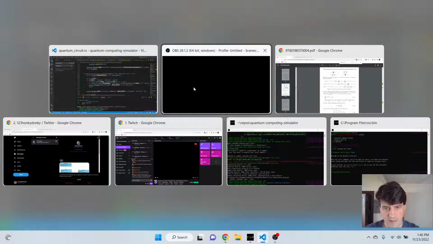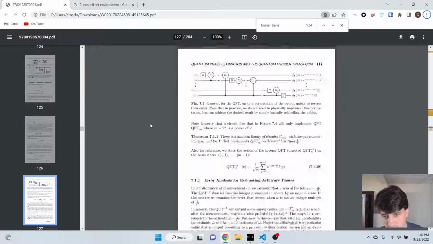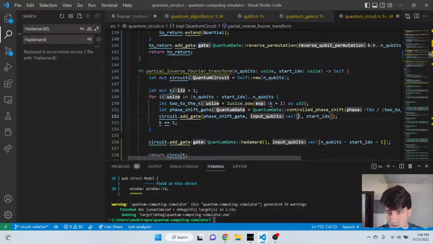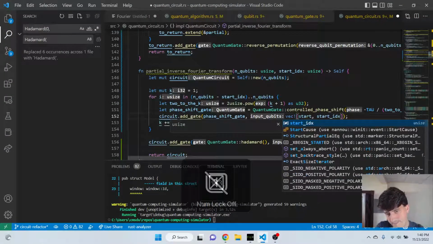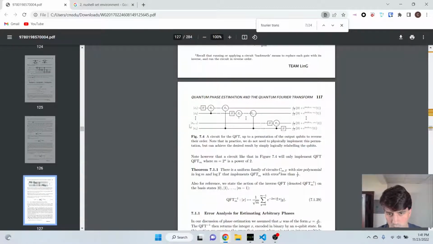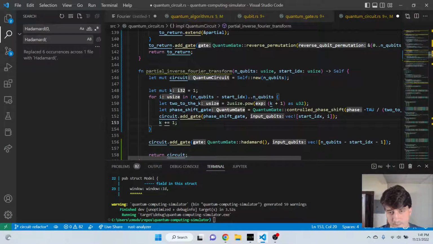Okay, so in the circuit diagram for the Fourier transform, we're always using the start IDX and controlling based on each individual qubit. So now we always want to be controlling based on start IDX. And then we want to walk through the rest of them.